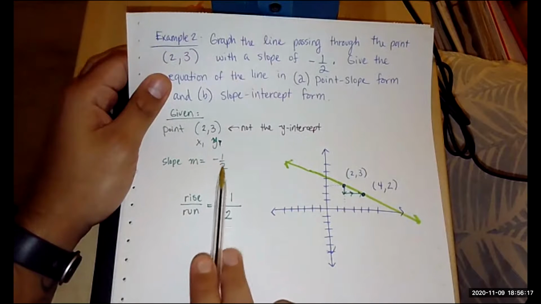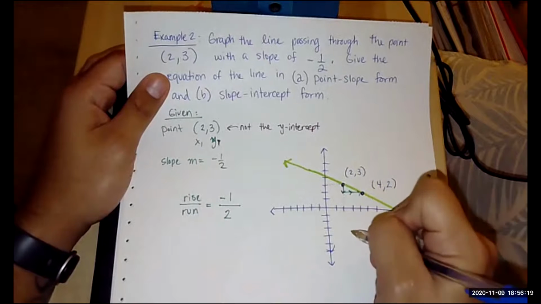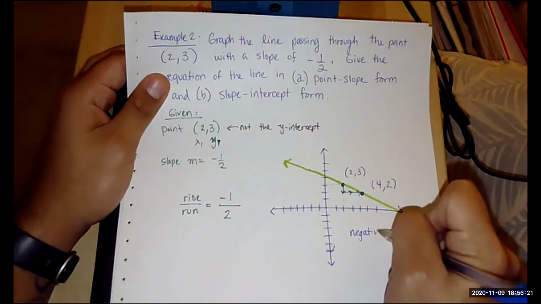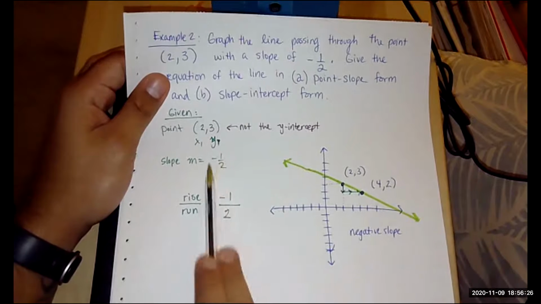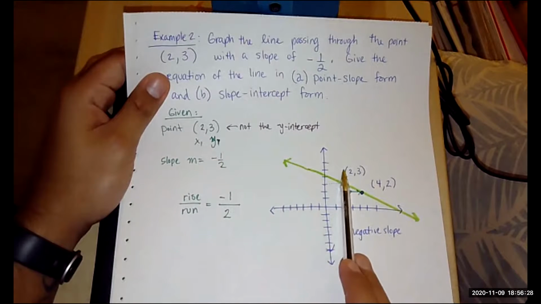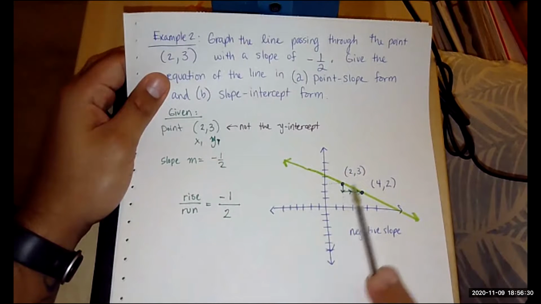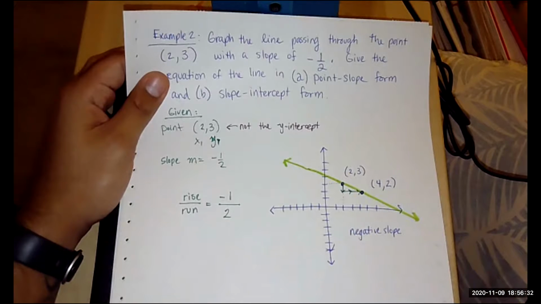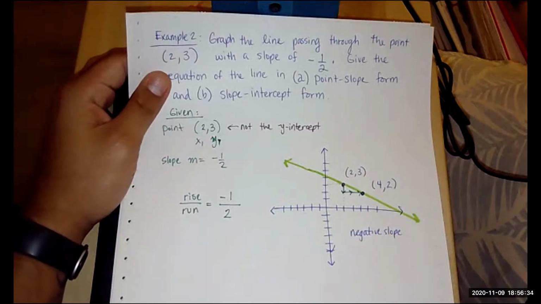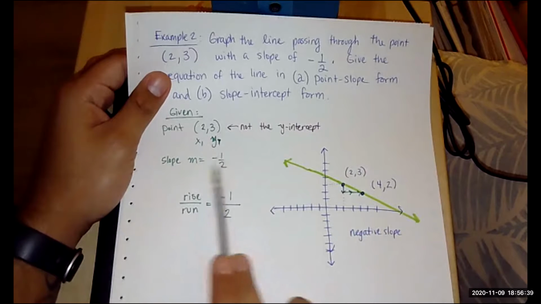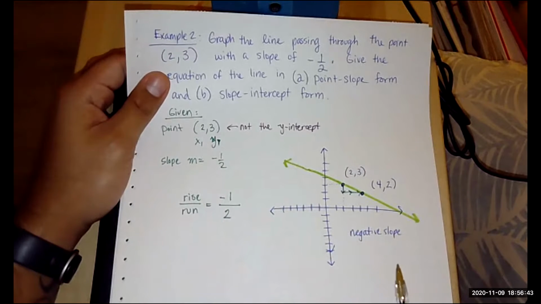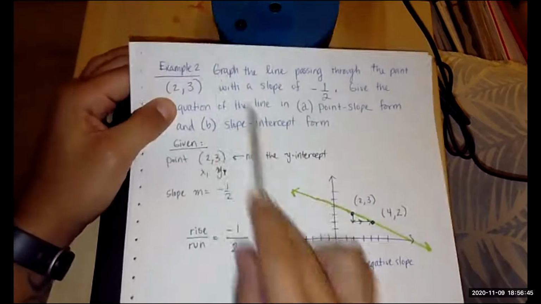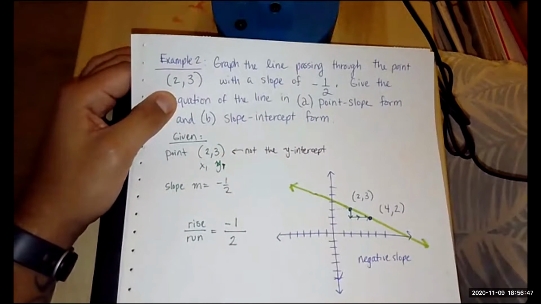And the slope they gave you is negative. So this one checks out because we do have a negative slope. If for some reason they gave you a negative number here, but you went up and to the right too, you would have a line that goes up like that. And so that would be sort of inconsistent, right? That would tell you that you've done something wrong because the slope is not matching the picture. Okay. So this is the graph. We've completed the first part of this question.